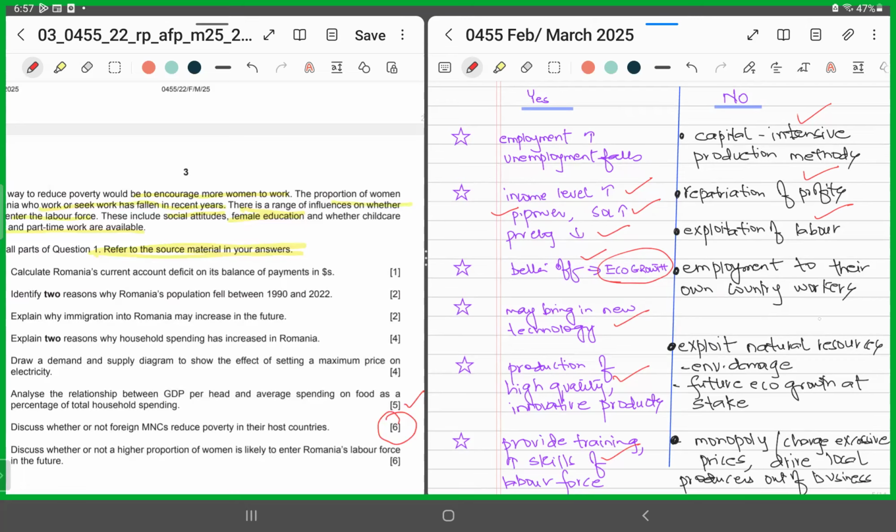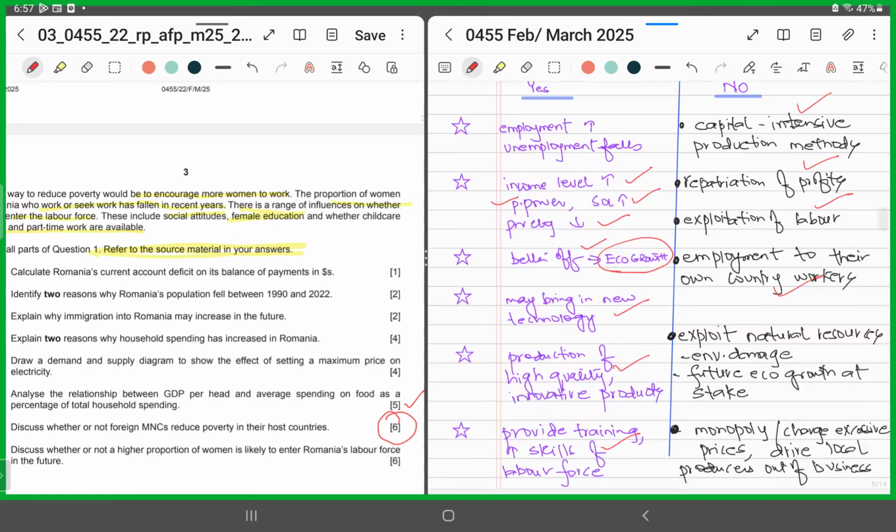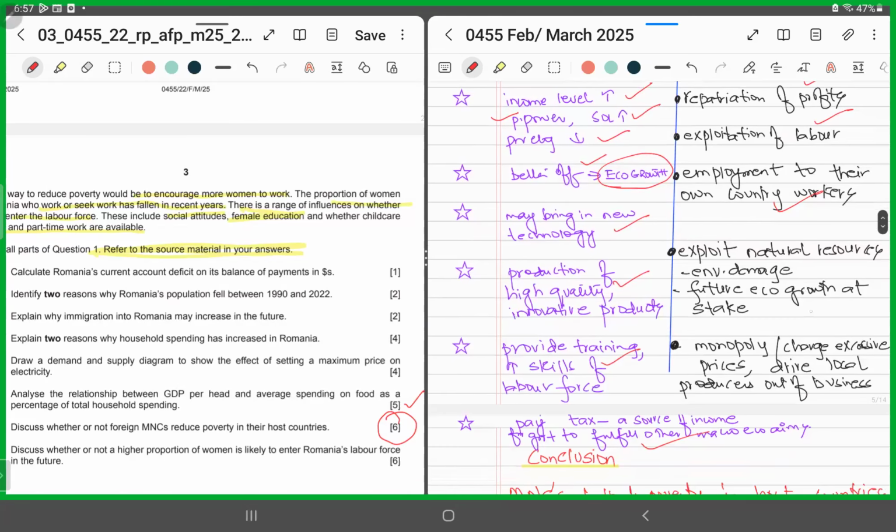It could also be that they might be biased and give employment to their own country's workers. So this means that the poverty level of the host countries might not reduce; rather, it might aggravate. It could also be that they might be exploiting natural resources or causing environmental damage by way of pollution, thereby putting the future economic growth of the host countries at stake.